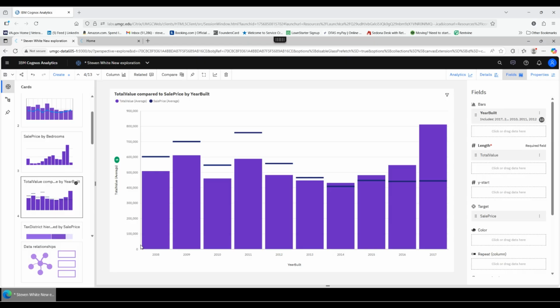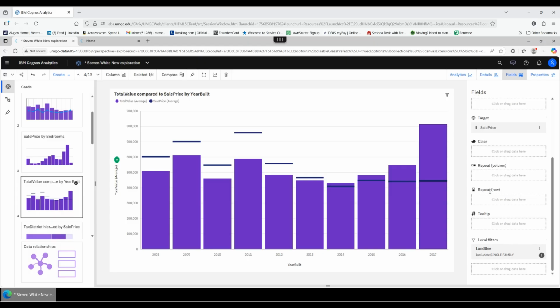Next, I looked from 2008 to 2017, looking at the total value, including the land, based off of the average sale price for that property. Again, I filtered this down to single family residences. I wanted to look at the specific subset of data for if I was a homeowner, that's the type of property I would be looking for.